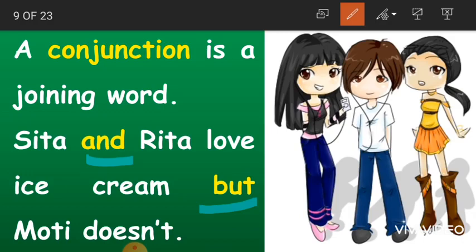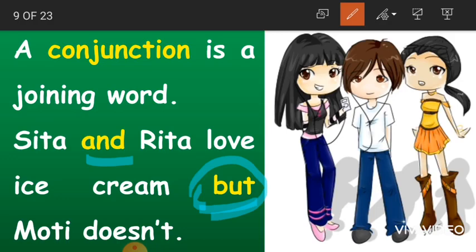For example, Sita and Rita love ice cream, Moti does not. The first one is Sita and Rita love ice cream. The second one is Moti does not. But if you want to make these two sentences into one sentence, then you can just add this but and join these two sentences.